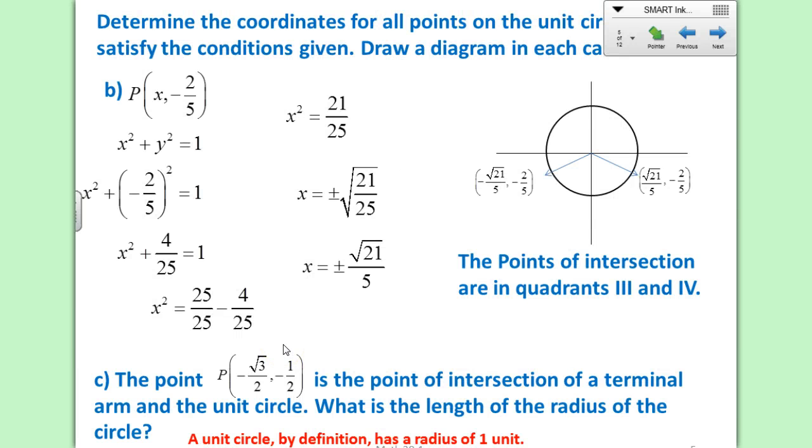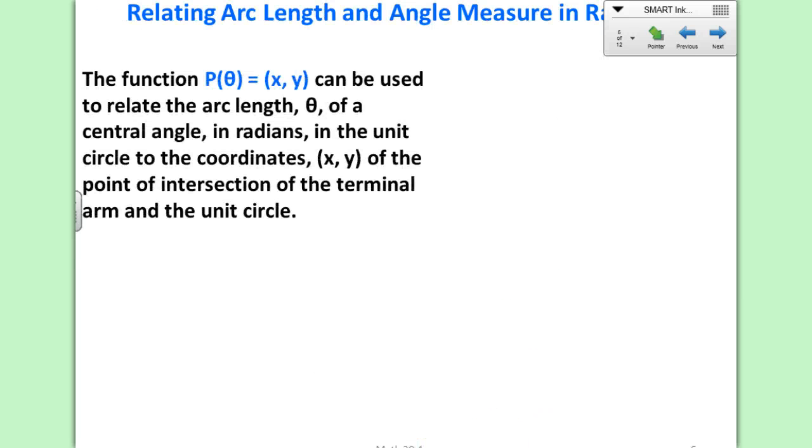We didn't really need to do the work, but you could check it. If you did check it, x squared plus y squared does actually end up equaling 1, because you end up with 3/4 plus 1/4, but we didn't need to do the work because we know it's on the unit circle and the radius is 1.